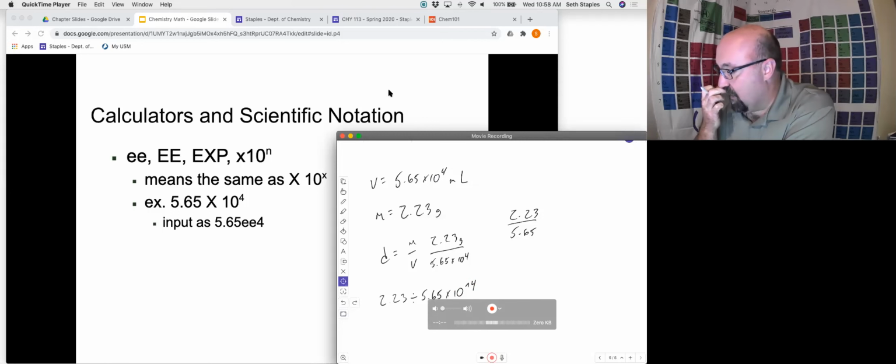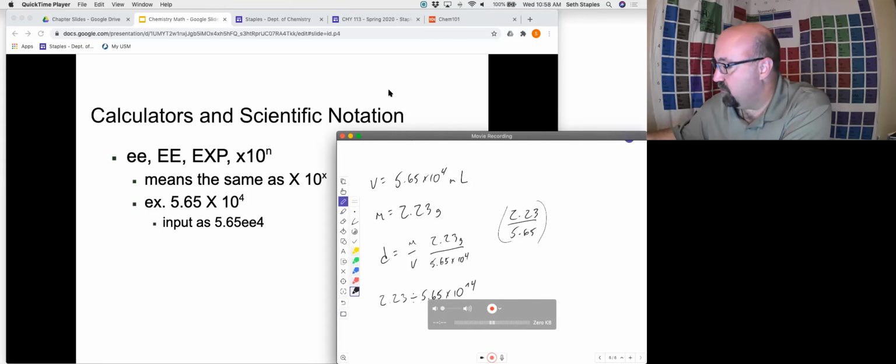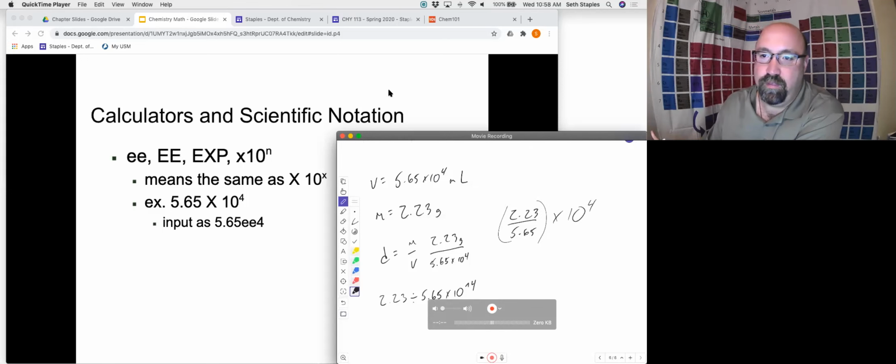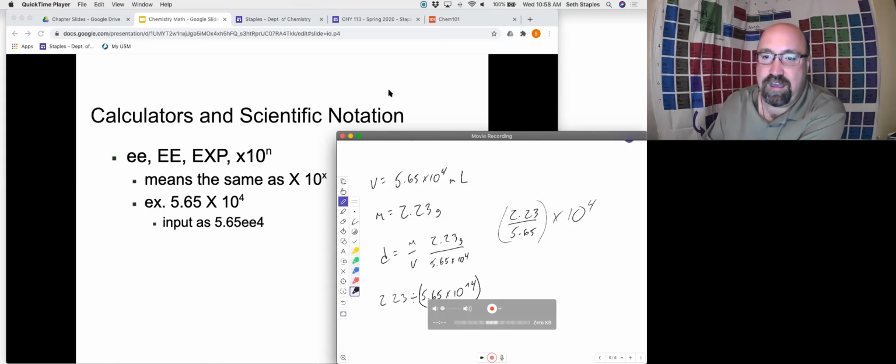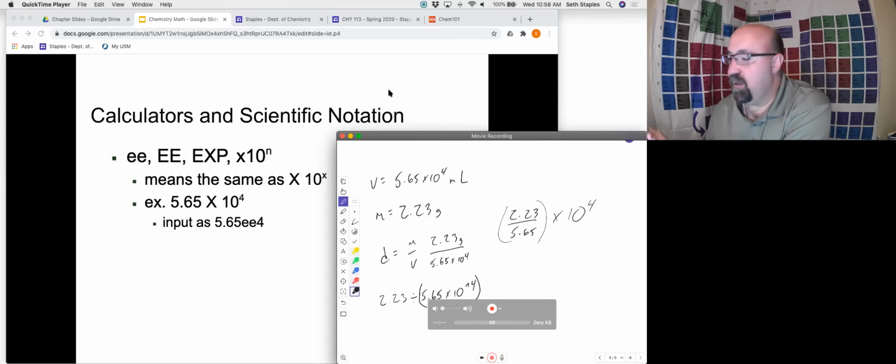And so it's going to do this calculation first. It's going to do your 2.23 divided by 5.65. Then it's just going to go ahead and multiply that answer by 10 to the fourth. Again, it doesn't know that those are supposed to go together. Now, yes, you could be very judicious about using parentheses, and if you put this in parentheses into your calculator, then you would probably be okay. But it's just so much easier to simply use that scientific notation.